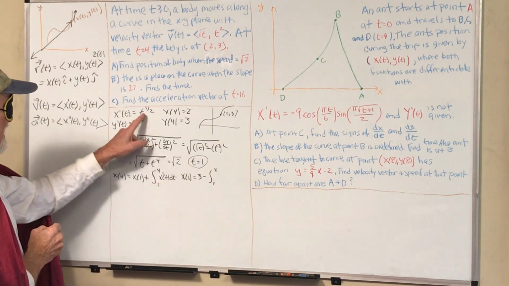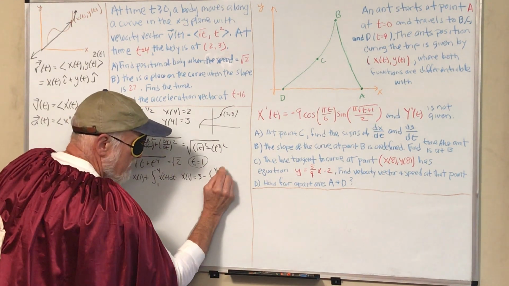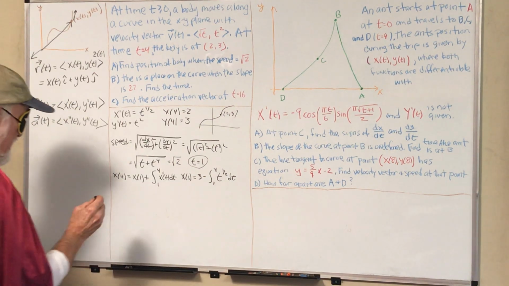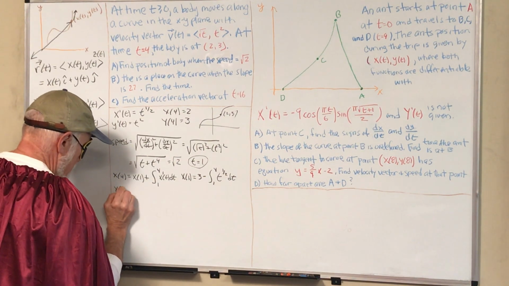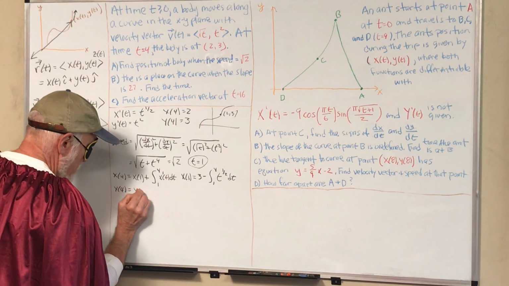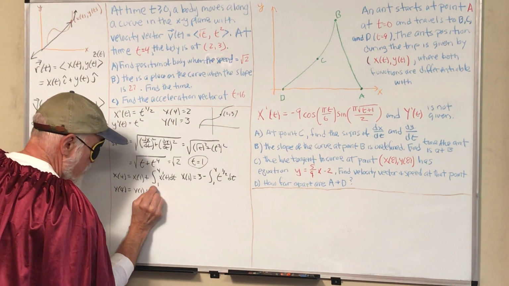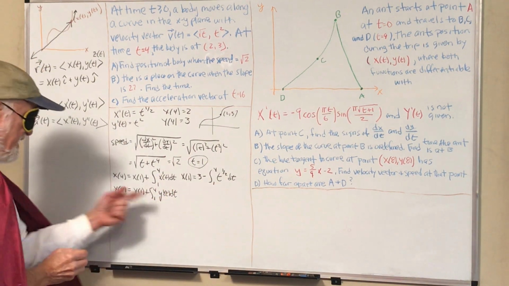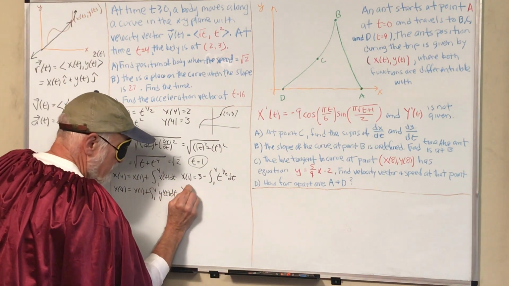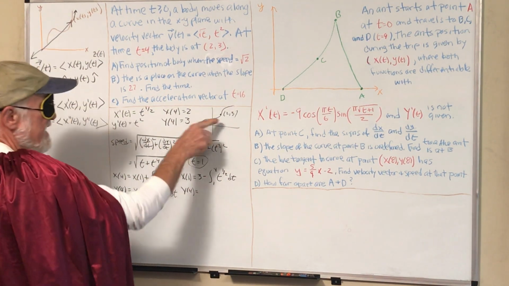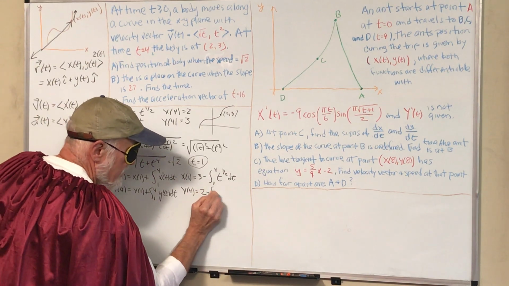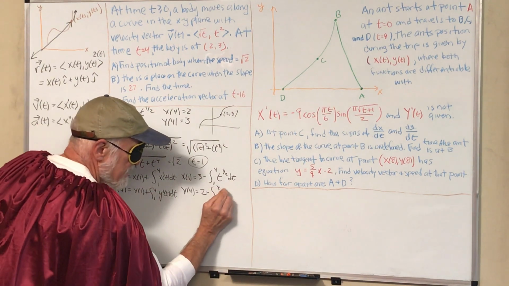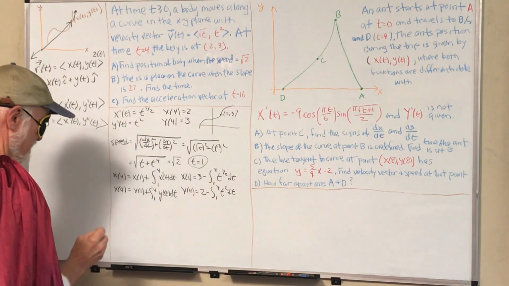And x prime of t is t to the 1/2 dt. And the same thing we can do with y. y of 4 is y of 1 plus the integral from 1 to 4 of y prime of t, or dy dt. So that means y of 1 would be 2 minus the integral from 1 to 4, and y prime of t is t squared dt.